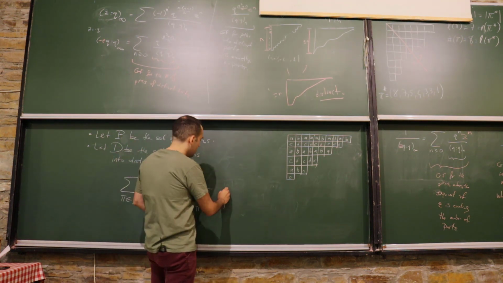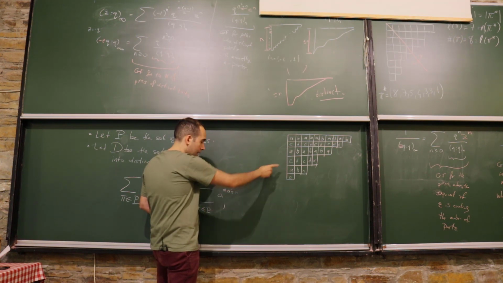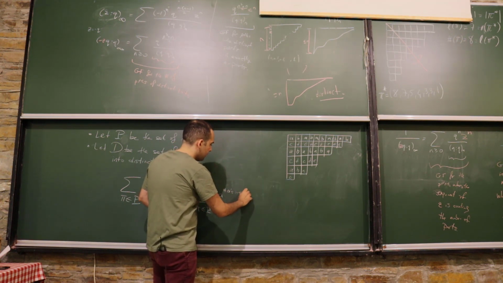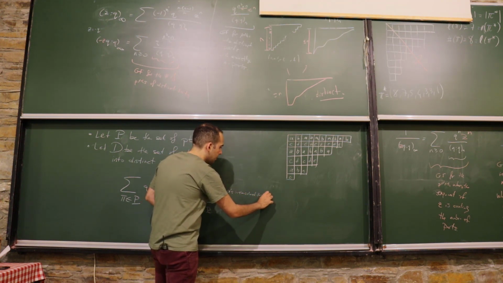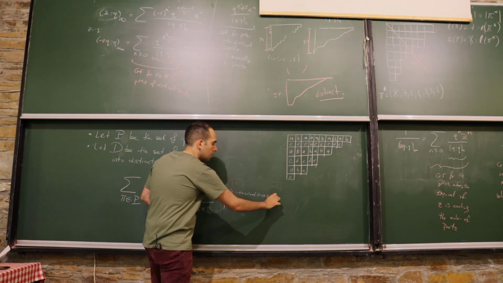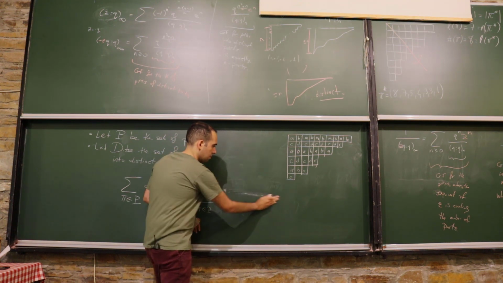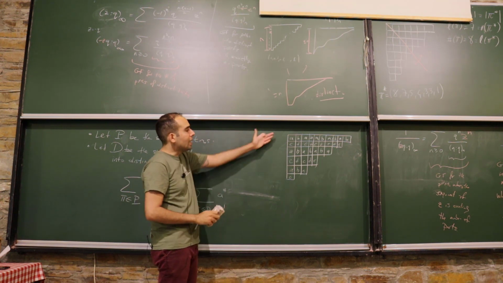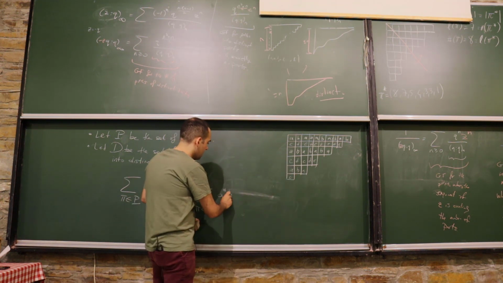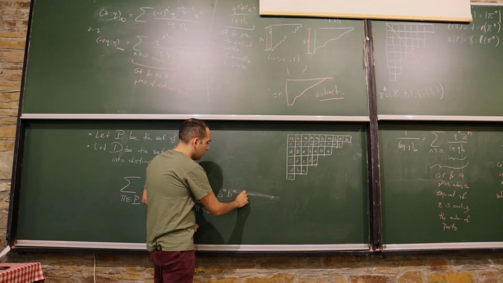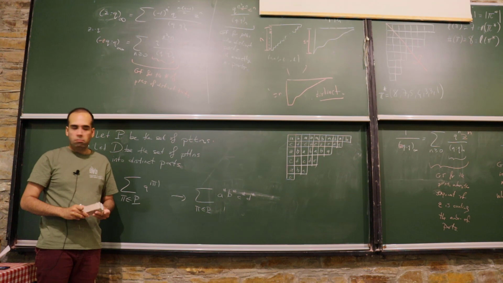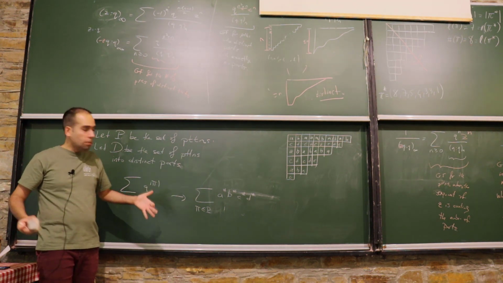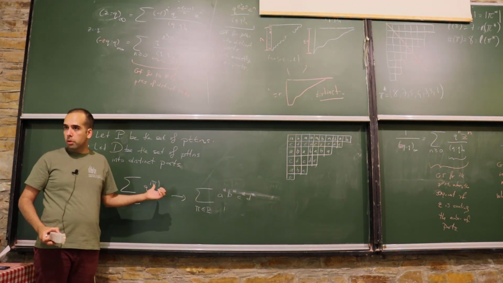I'm counting A to the number of A's in the colored Ferrers diagram. So you count the number of total A's, times the number of total B's, the number of total C's, the number of total D's. Okay, right? It's just a construction, more general than what we have done before.